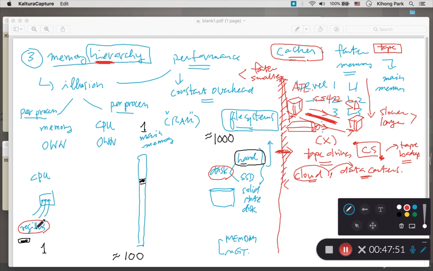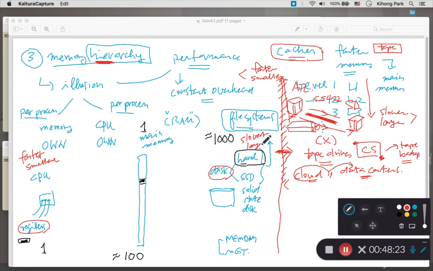This is fastest, but smallest. We have only a few registers, a bunch of them, but just a few compared to all of these other guys, but they're fastest. On disk, I'll fix hard disk so that we don't have to keep dragging in the differences with SSD, which we will talk about later on. For hard disk, it's the largest, but it's slowest.